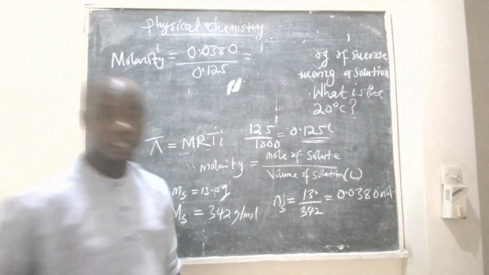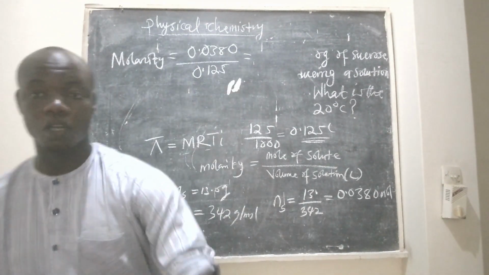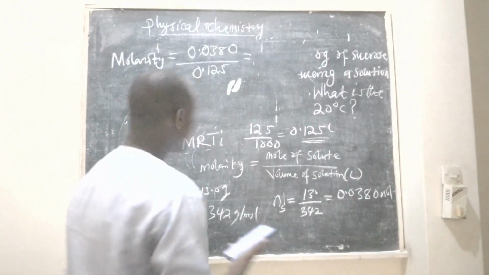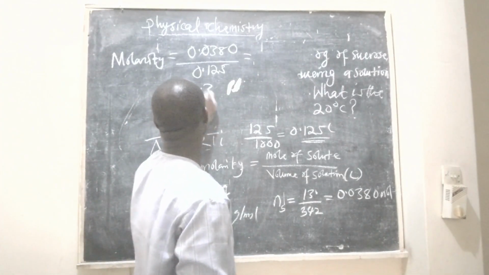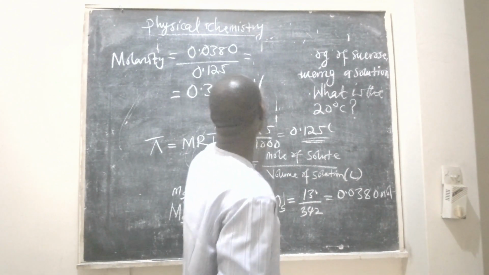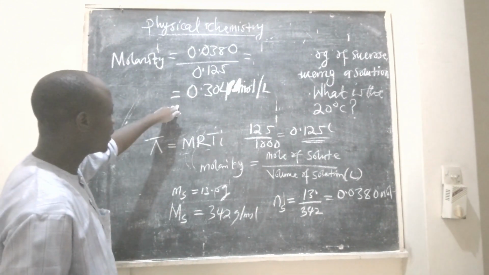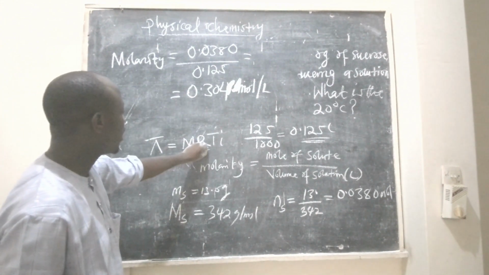So we take this and divide it by 0.125. So we now have 0.304 molar. So we have this as our molarity.